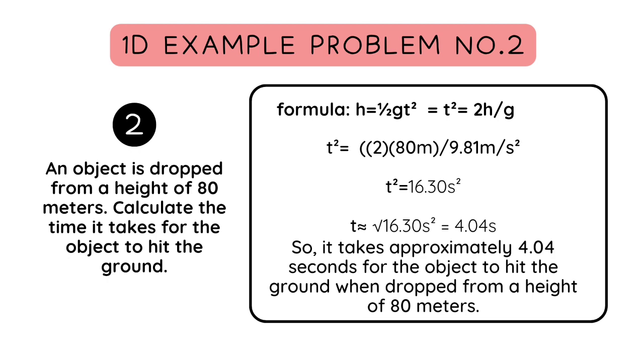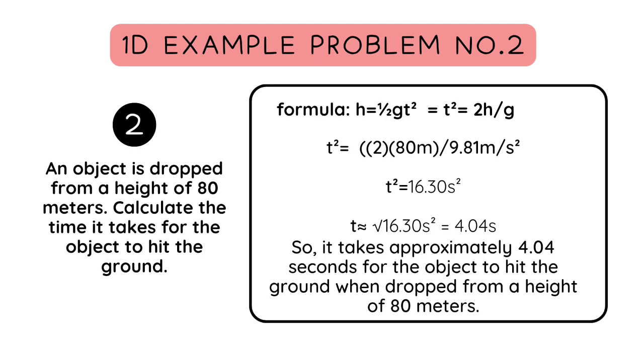The object is dropped from a height of 80 meters. Calculate the time it takes for the object to hit the ground. You can use the following kinematic equation to find the time it takes for the object to hit the ground when dropped from rest. h is equal to 1/2 g t squared, where h is the height, which is 80 meters, g is the acceleration due to gravity.